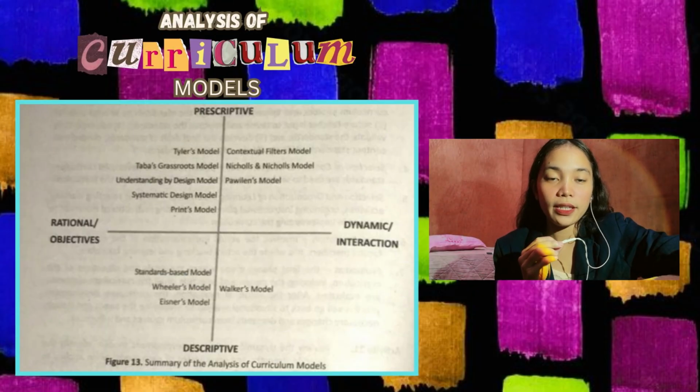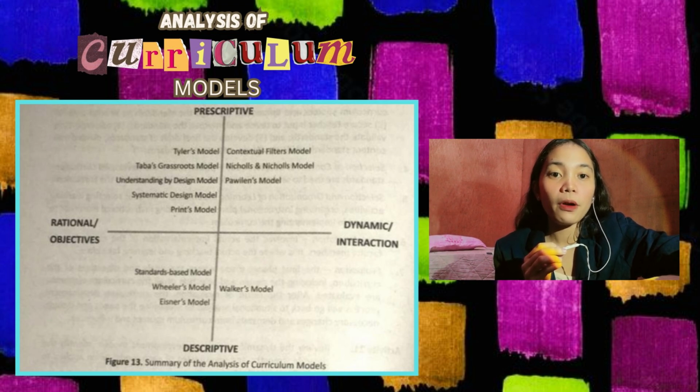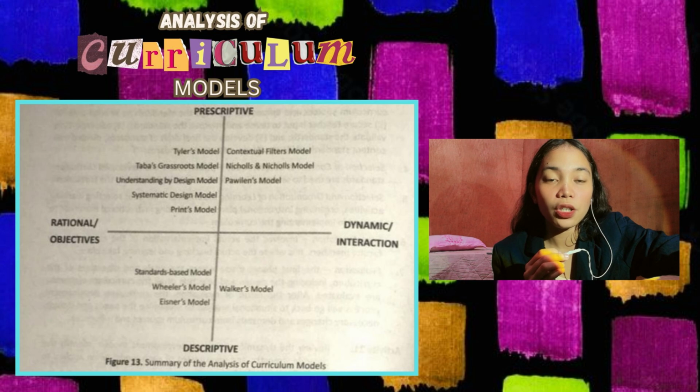Alright, so as you can see in the picture, this categorizes the models based on the primary dimensions, which are the prescriptive models and the descriptive models. So in the prescriptive models, such as makikita nyo dyan, yung Tyler's model, yung Taba's model, followed by a structured and systematic approach, and this often starts with situational analysis in which meron siyang goal setting.